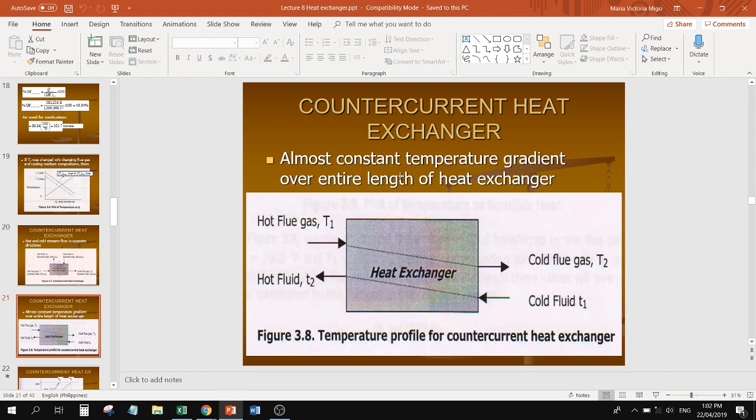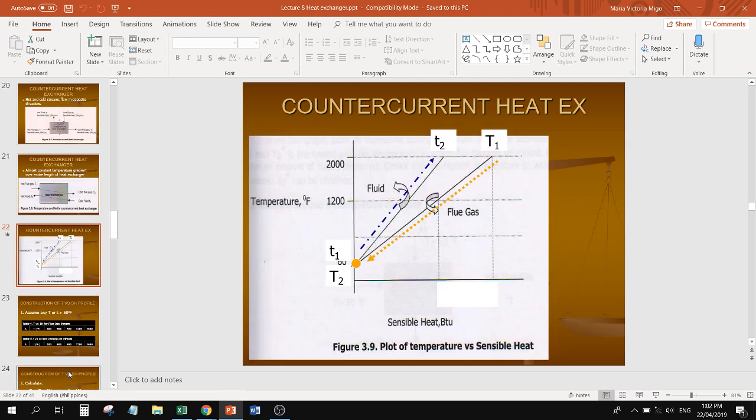For the temperature profile, this is what it looks like, but in graphical form, it would look like this. Our goal in the calculation for the countercurrent heat exchanger would be to construct this graph.